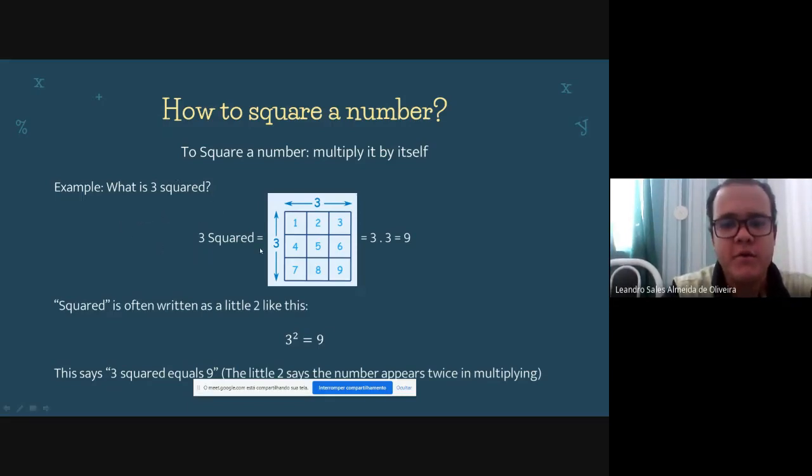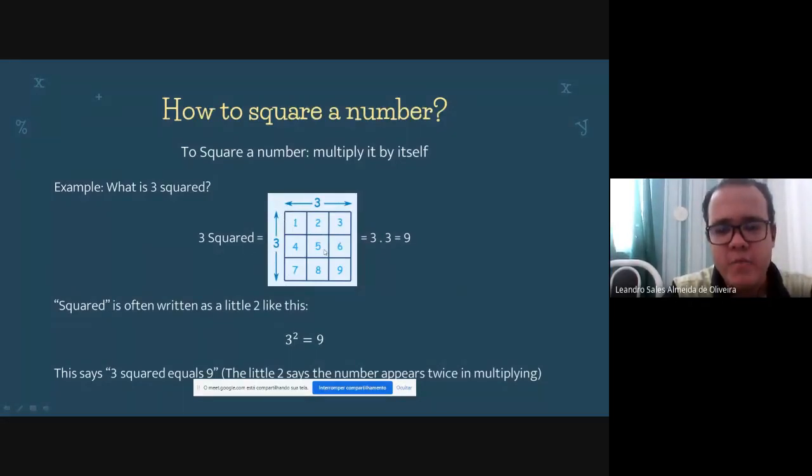3 squared, pay attention, this is a square. You can complete 1, 2, 3, 4, 5, 6, 7, 8, 9. I can put 9 little squares in a square with a side of 3.